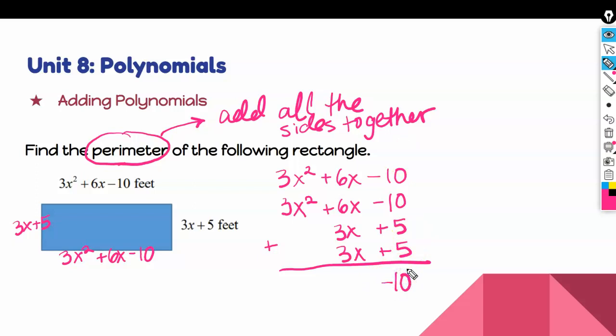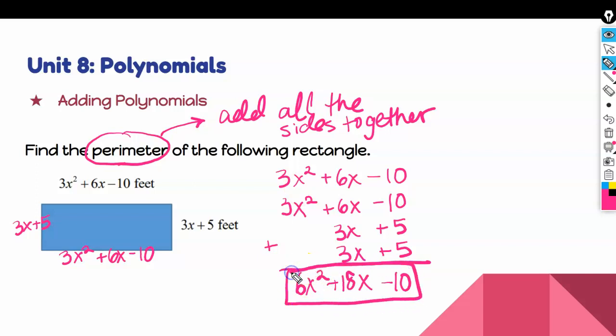If I want to add all these together, 6x plus 6x is 12x, plus 3x is 15x, plus 3x is 18x. And then these two terms, 3x squared plus 3x squared is 6x squared. And that's it.